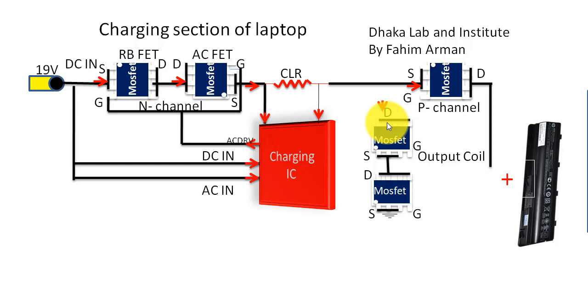When the charging IC provides the switching voltage, the voltage will pass from drain to source, and then from the source the voltage will enter into the second MOSFET, or supporting MOSFET, whose source point is ground.